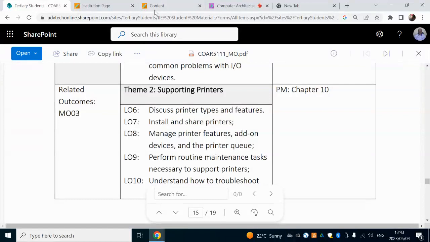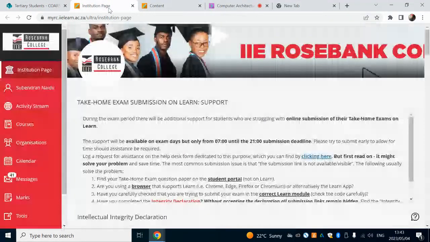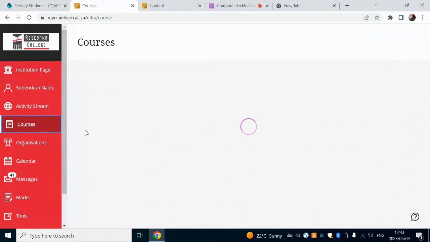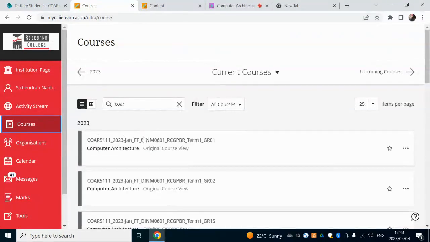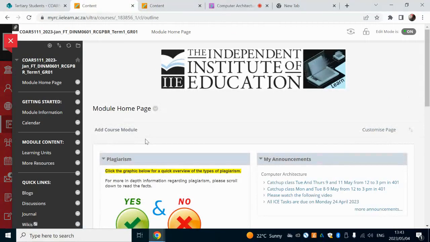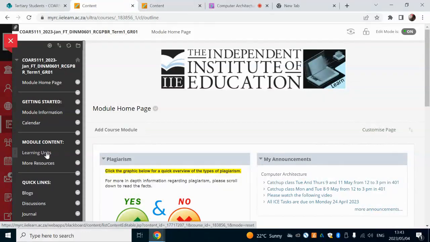So I'm going to go into Learn and I'll choose my course, computer architecture. And for computer architecture, I'm then going to go, on the left-hand side here, to learning units.